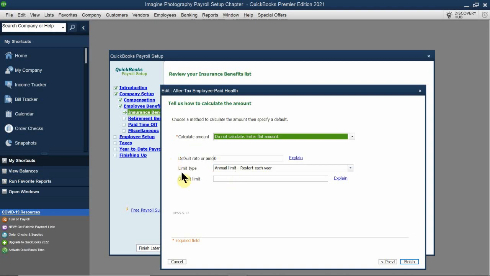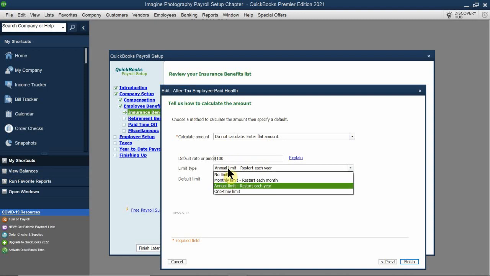Now, what is this amount? It's going to be the default rate for the amount that you charge for medical insurance. In this case, it is going to be $100 per month. Do we have a monthly limit?